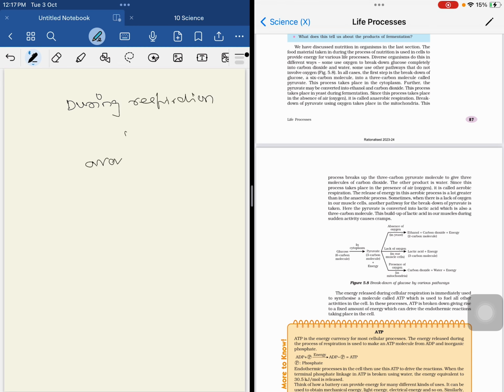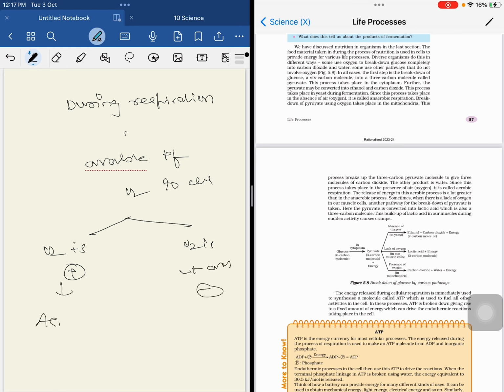If oxygen is available, it is called aerobic respiration, and if oxygen is not available, it is called anaerobic respiration.